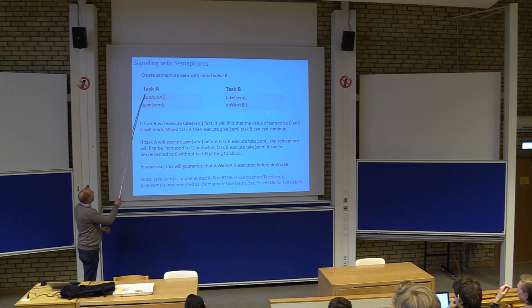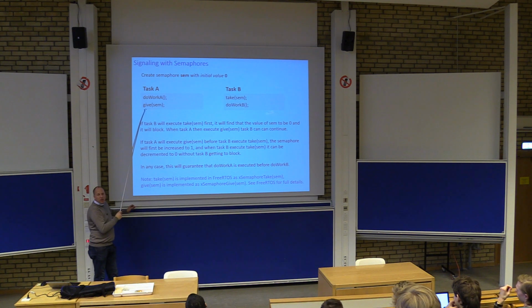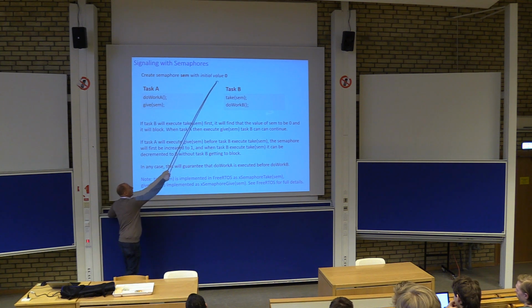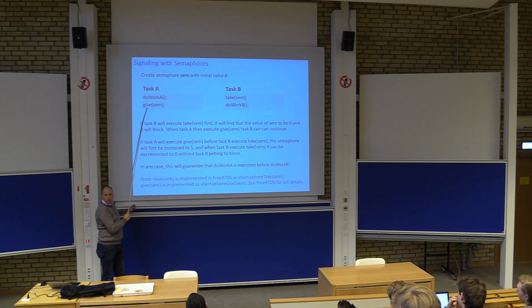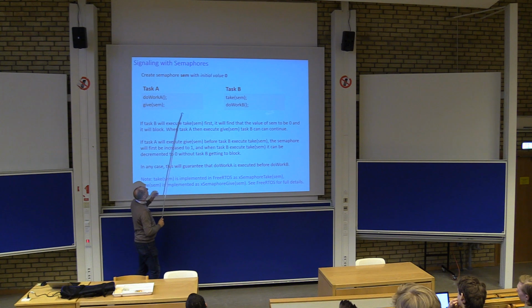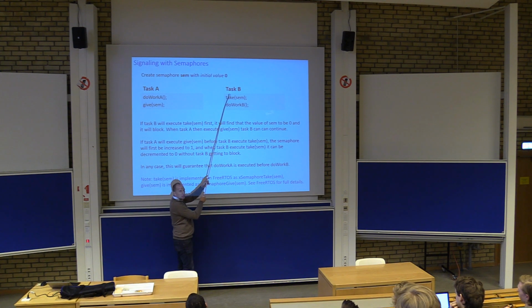So let's say we start to execute task A, what will happen? We will do work A, of course, and then we will increase the value of the semaphore by 1, from 0 to 1. And now, let's assume there is a context switch here. We'll switch over to task B.